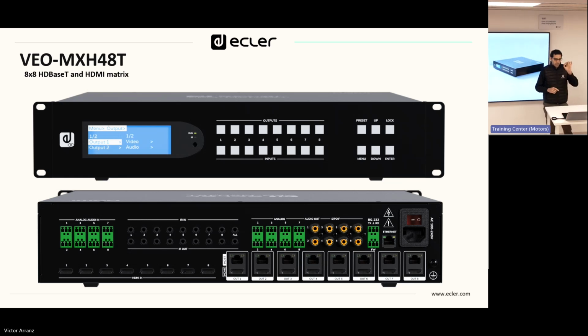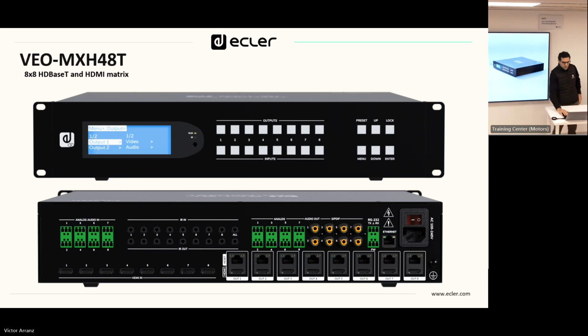The main addition that this matrix adds is HDBaseT outputs. So you will have HDBaseT connectors built into the matrix, so you can extend video signals as well as HDMI signals.